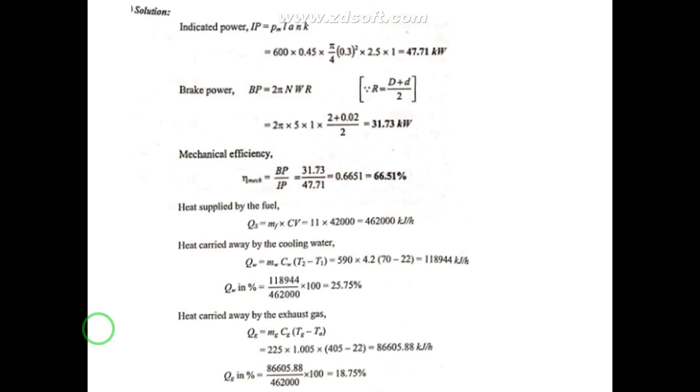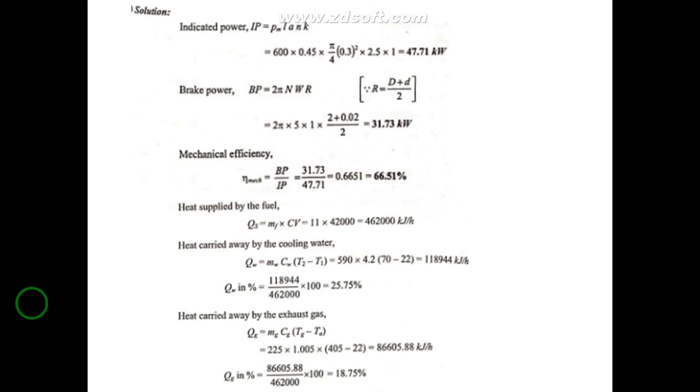Next, the 2.5 is the N value, that is the RPM given in this problem, times 1, the number of cylinders. Multiplying all the values, we get 47.71 kilowatt.